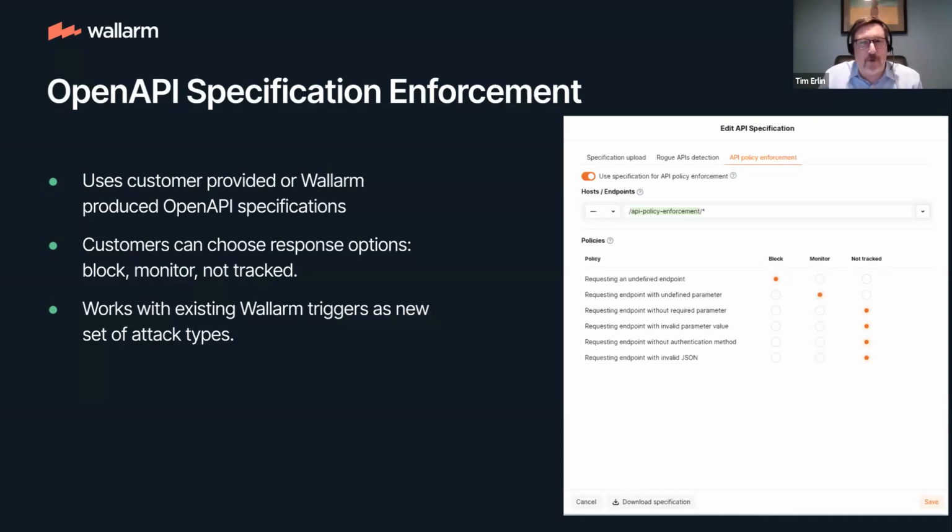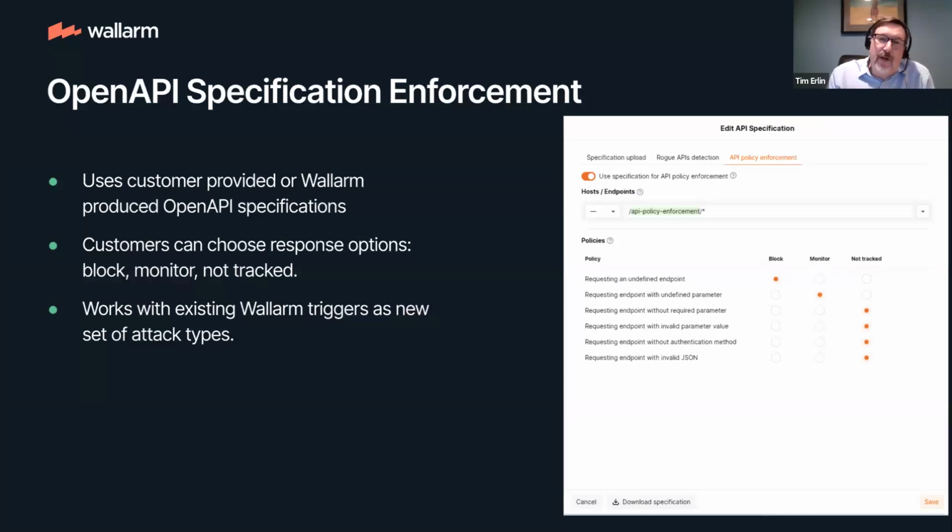The API policy enforcement can use the same format. You upload a policy and choose where to apply it, so again you have that filtering capability. Then you choose what types of events you want to block, monitor, or just ignore and not track at all. Those are the options specific to each policy that you upload. For example, this one will block any request to an undefined endpoint.